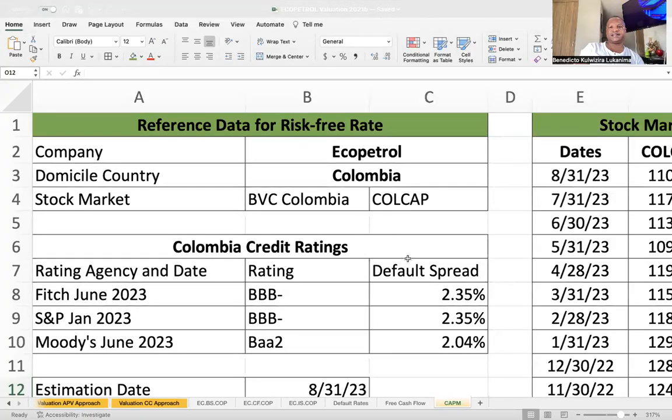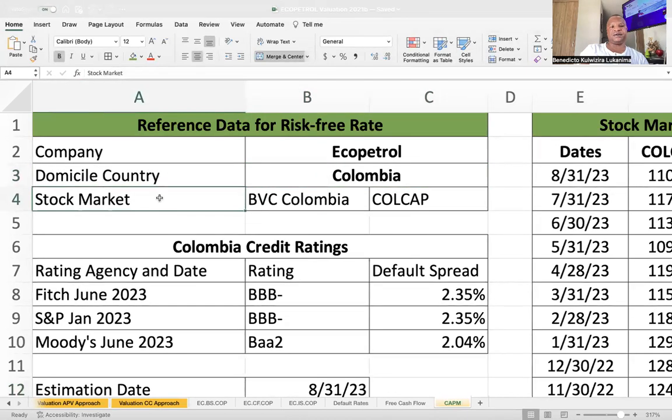This is an Excel data template for the purpose of estimating the cost of equity for Ecopetrol. First, the company is identified, and that's important because we need to identify the domicile country of the company. It's a Colombian company.